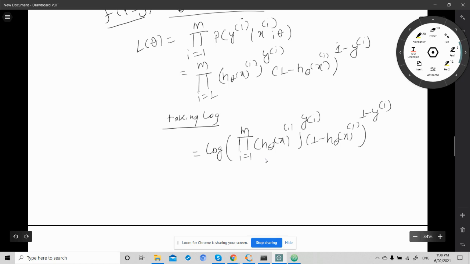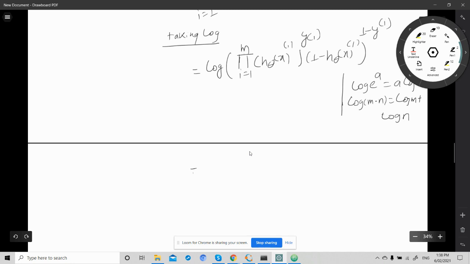So we know that log e to the power a is equal to a log e. Also, log of m times n is log m plus log n. We need to keep this in mind.